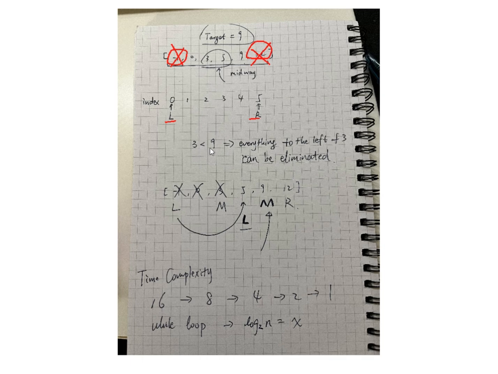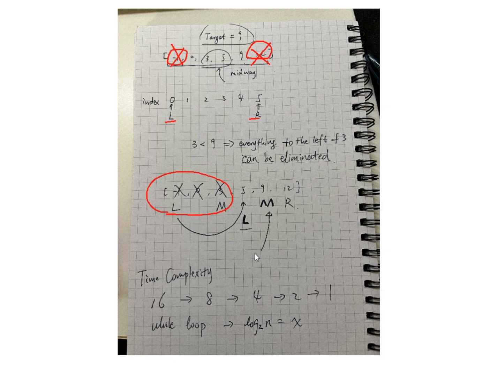It's smaller than 9 as it's sorted, so everything to the left of 3 can be eliminated. So we eliminate all the left values in the array. Then we just update the left pointer and calculate the midway pointer. Then repeat the process and compare the midway element with the target. 9 equals 9. So we determine 9 exists in the array.